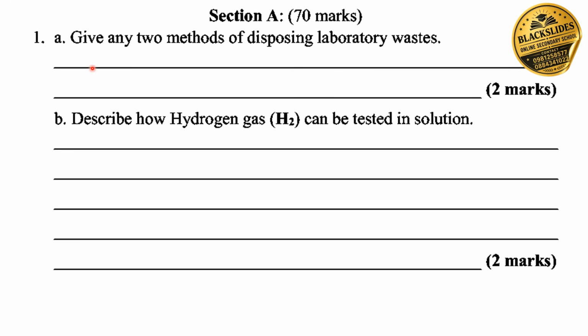There are numerous ways of getting rid of waste, but the question is simply asking you to give any two for 2 marks. So out of the many methods of disposing laboratory waste, you're asked to name just 2.